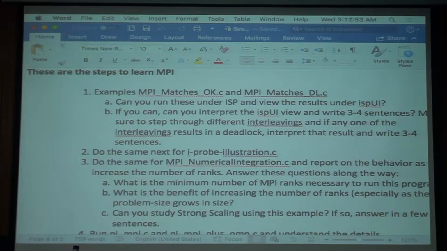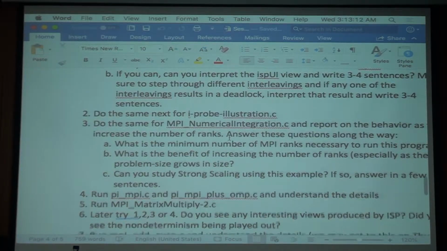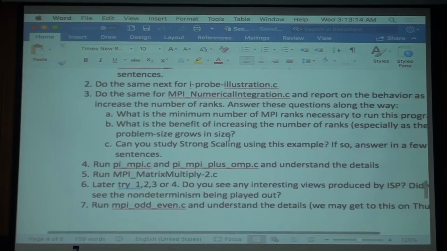I will be showing these examples. These are 7-8 line pieces of code where some of them will deadlock, some of them will match and run okay. You should be able to reproduce that in the lab. I will show an iprobe command that you can try out in the lab. We'll try a very simple numerical integration program, which again is a very simple textbook example.